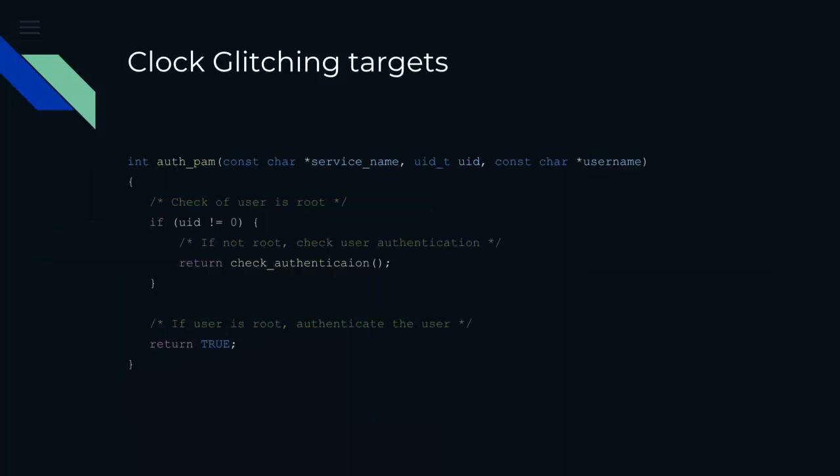That would be the Linux authentication, but if you have UID 0 and would fall on the false operation, you don't have to authenticate yourself. What happens if you can jump that if at the assembly level? That's the target that you usually try to reach with clock glitch attacks.